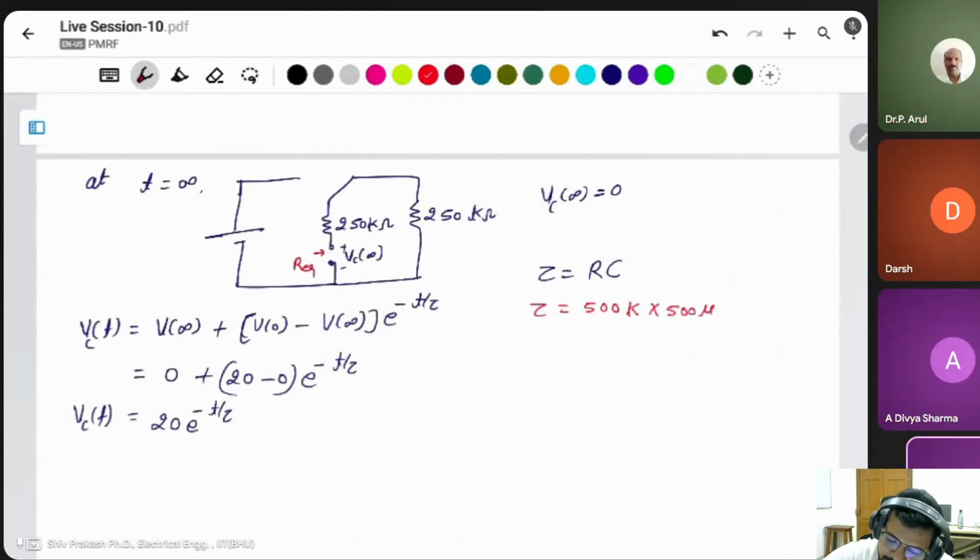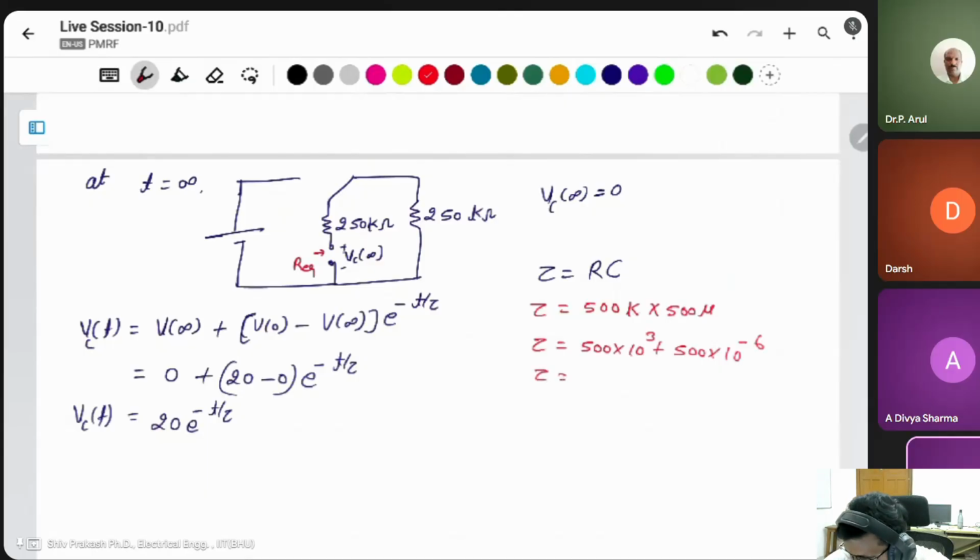Then tau will be 500 kilo ohm, it means 500 into 10 to power of 3 times 500 into 10 to power of minus 6.